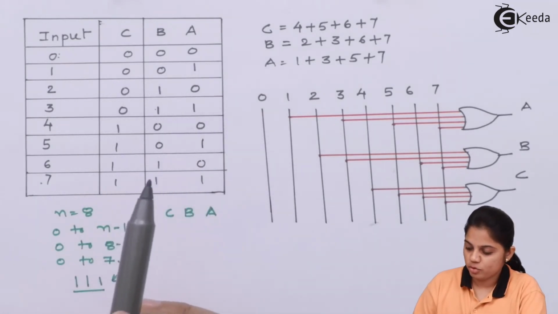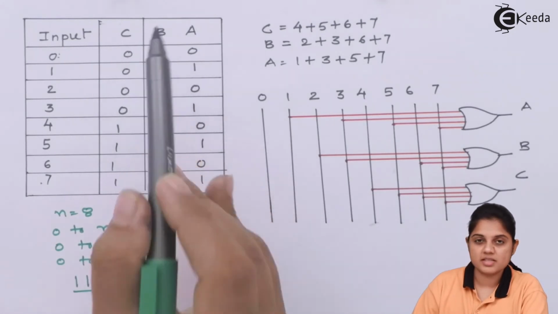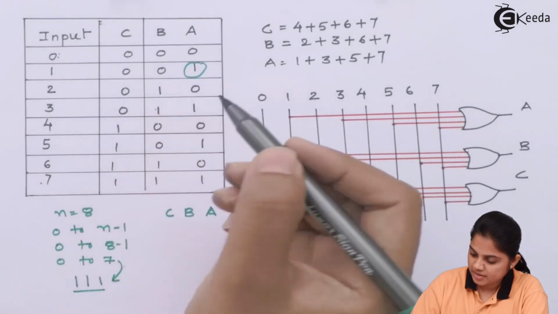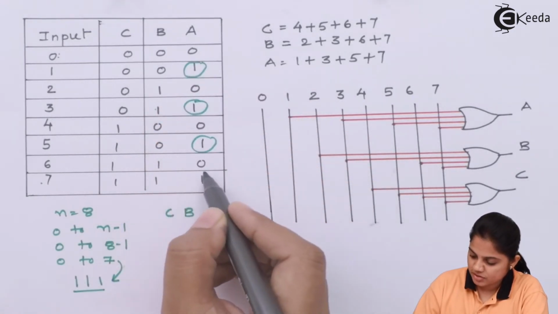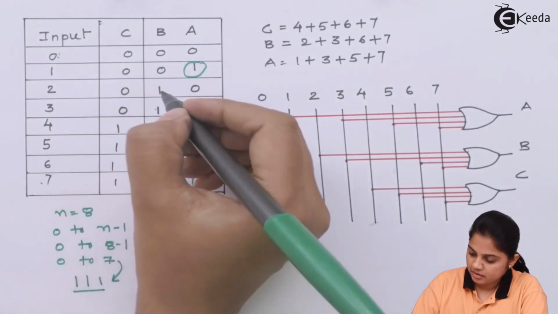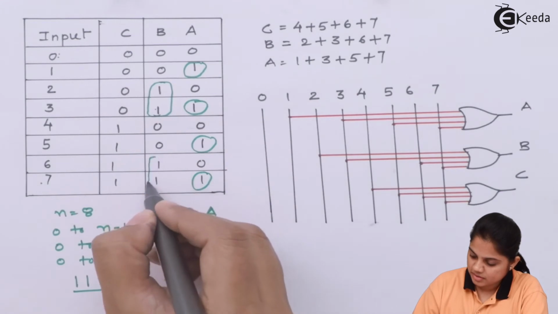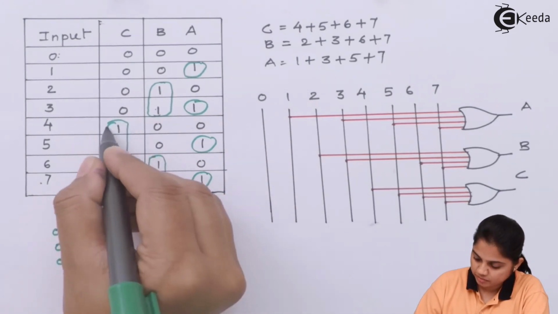Now again we have to see at which points A, B and C will remain high. So you can see here at this point A is high, for 3 it is high, for 5 it is high, and for 7 it is high. Then B is high for 2 and 3, 6 and 7, and then C from 4 to 7.